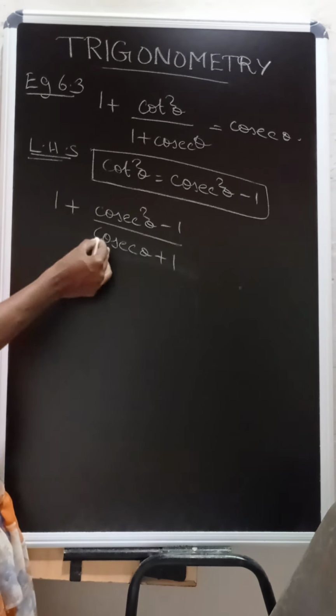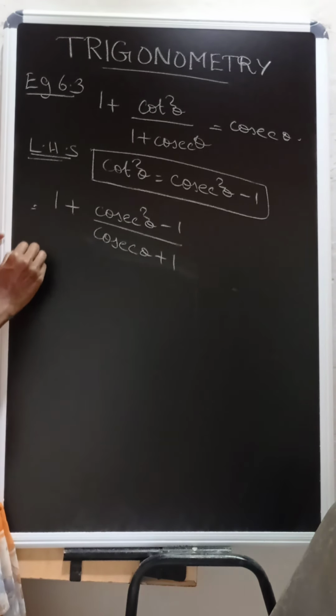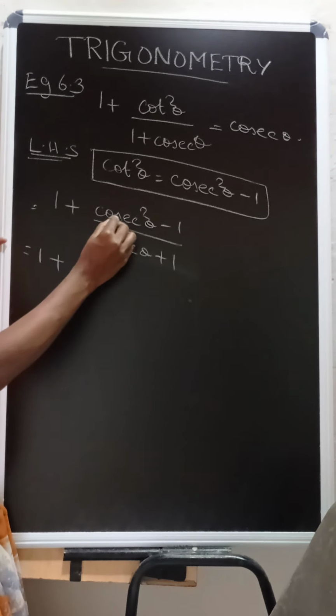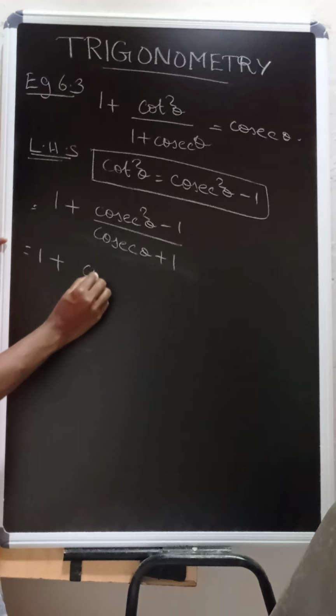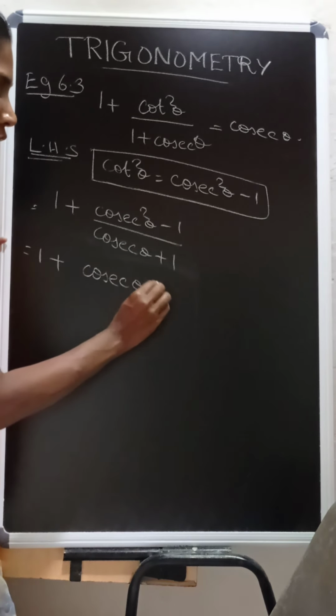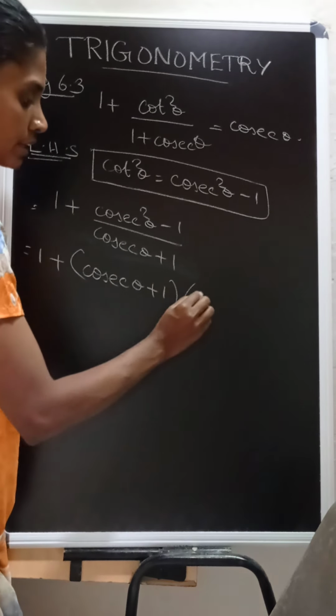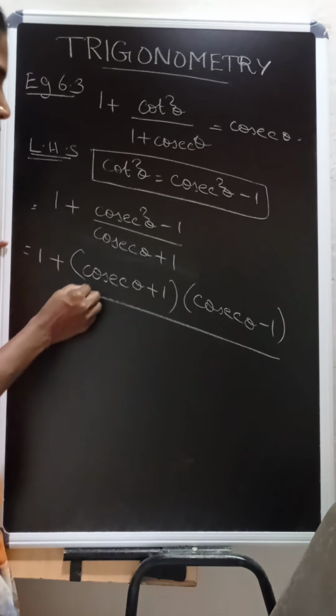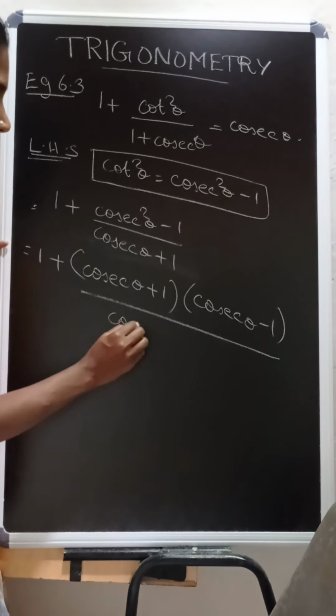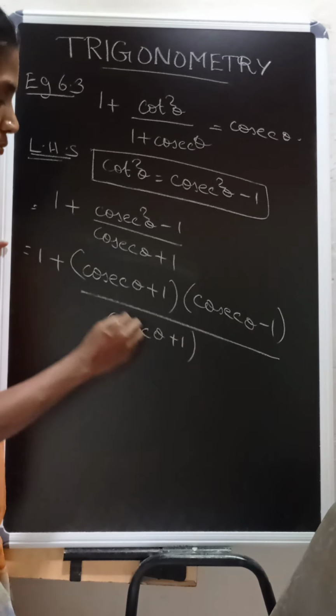For my convenience, I am writing like this: 1 plus a square minus b square. What we saw previously, a plus b into a minus b. So a plus b, a minus b. You will use the algebraic identity. Then here cosecant theta plus 1.